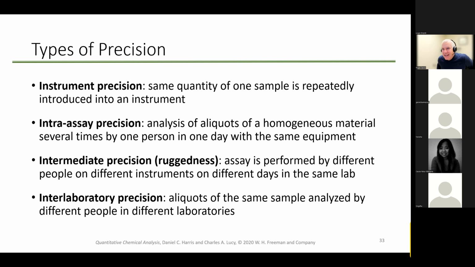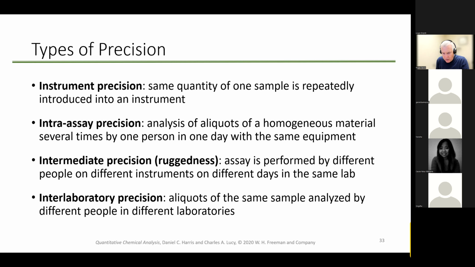Oh well. All right. So there's a variety of types of precision that we care about. Instrument precision, obviously, that's one of them. Intra-assay precision is just different specimens measured by the same person in the same day with the same equipment, right?